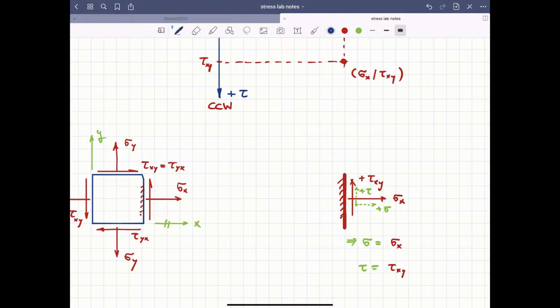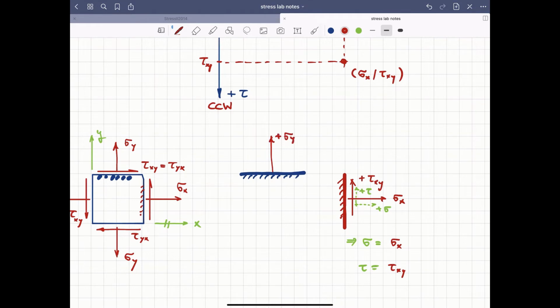Next, we need to look at the next face in our stress block. So how about we take the surface where y is constant. That's this blue surface. On that surface, the stress block has a normal stress of sigma y, and it has a shear stress of tau xy.